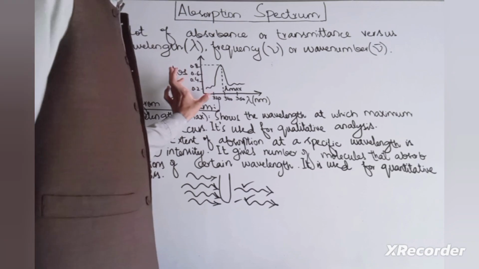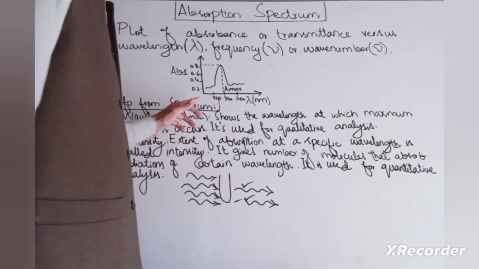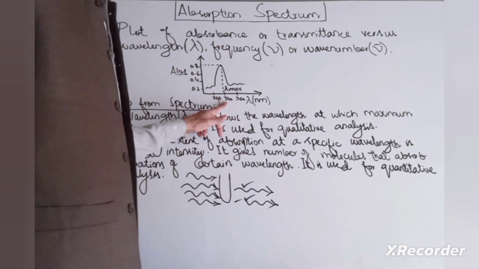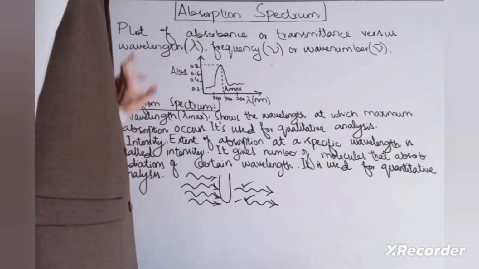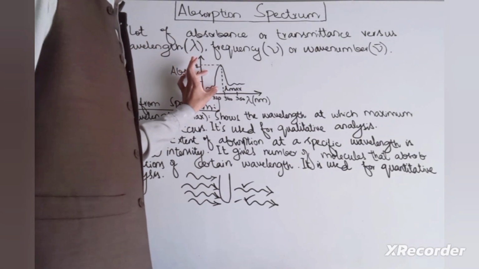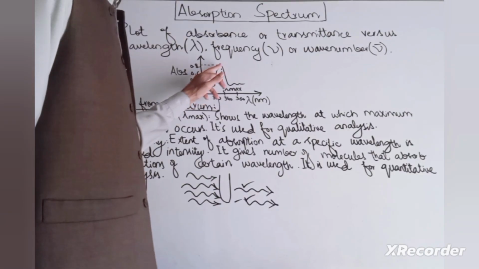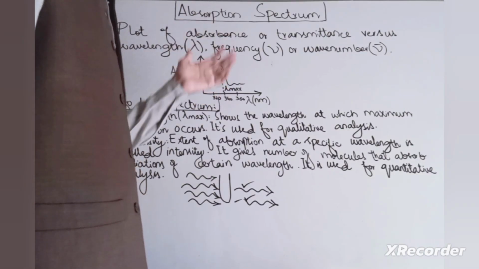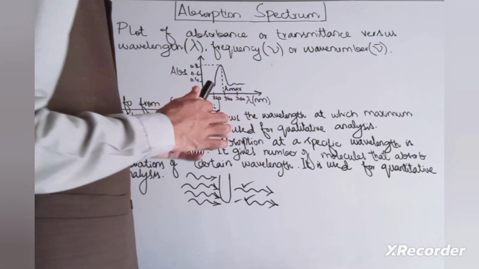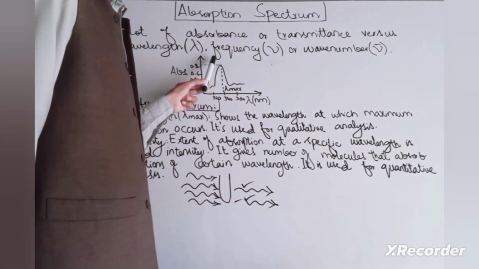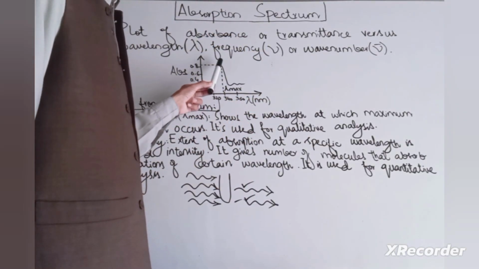This plot is showing the various values of the wavelength and the various values of the absorbance. While examining our spectrum, we look at the highest peak. The peak having the highest height shows that the highest absorption has occurred at this point.